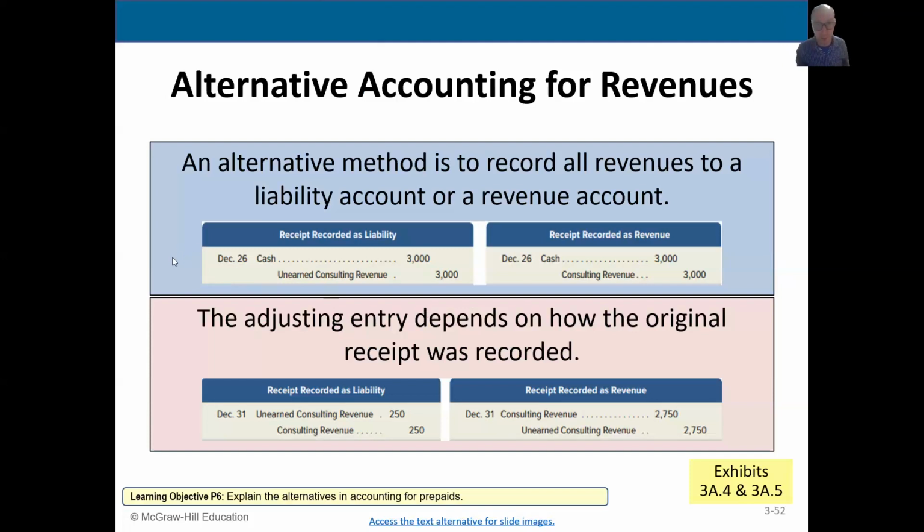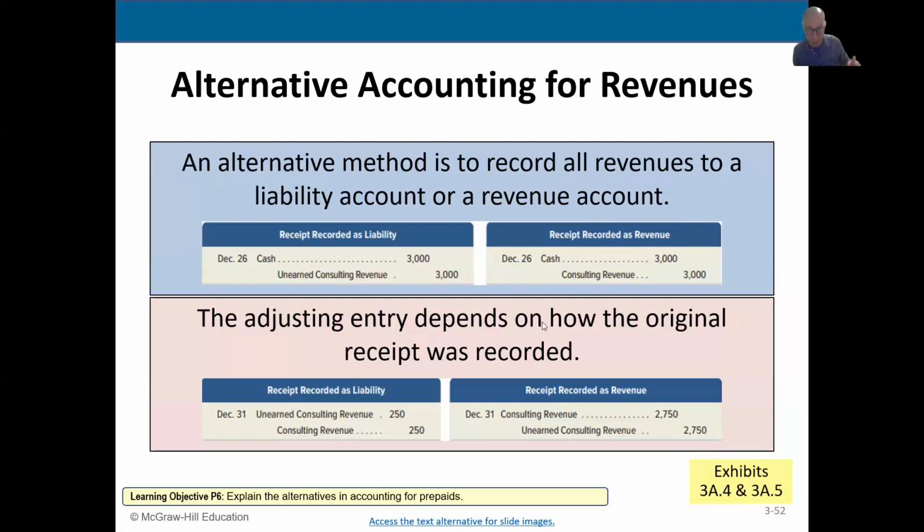Here we have revenue. Difference between cash and accrual-based accounting. At the top here, cash-based accounting. We debit cash and credit unearned revenue, and then we debit cash. All you're doing is debiting cash and crediting revenue. Cash-based accounting.